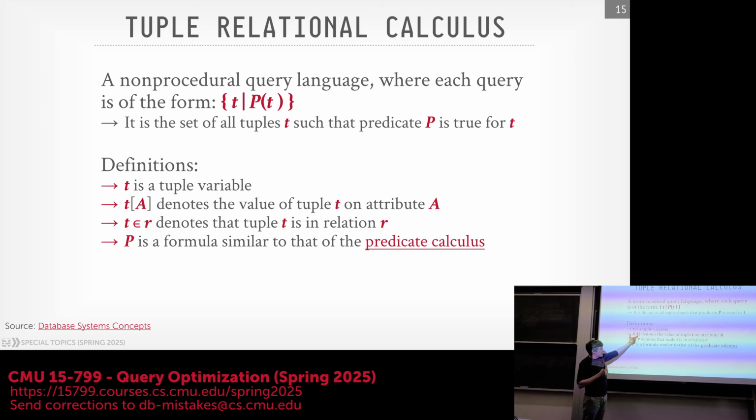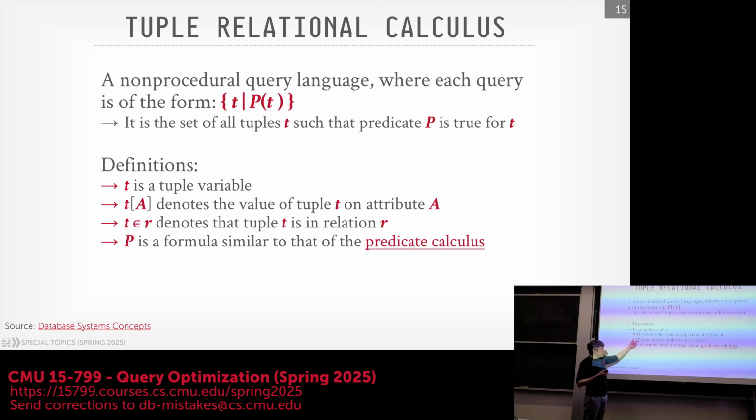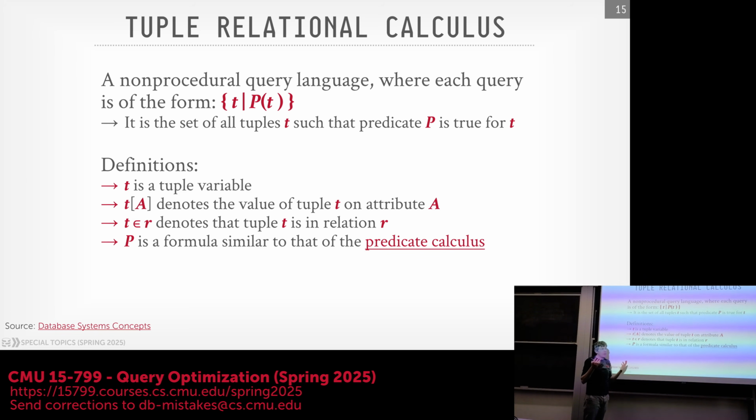If you have square brackets, that's how you identify or reference the attributes or columns in a tuple. And then you say a tuple is in relation R, which means that basically it's coming from some source relation. And the P is just going to be a formula similar to what we've seen before. It's based on predicate calculus. It's all the conjunction clauses, OR clauses, all the WHERE clause predicates that we talked about before.